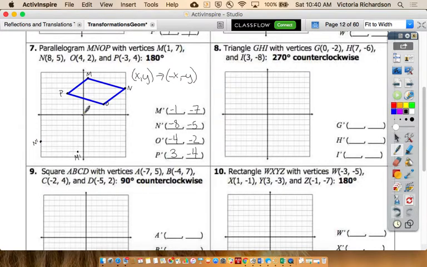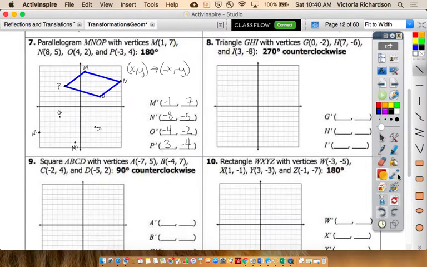Negative 4, negative 2, 1, 2, 3, 4, 1, 2. Three, negative 4, so positive 1, 2, 3, down 1, 2, 3, 4. And this is P prime. Connect your points.